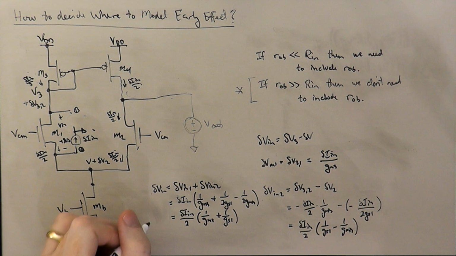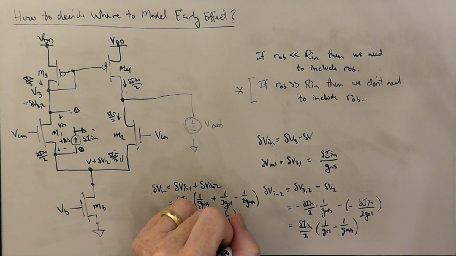And so Rn is equal to delta Vn over delta In. It's equal to 1/2 of 1 over GM3 plus 1 over GS1.